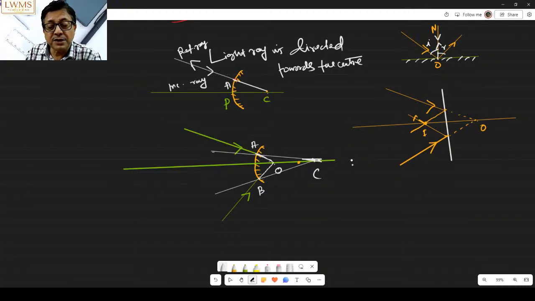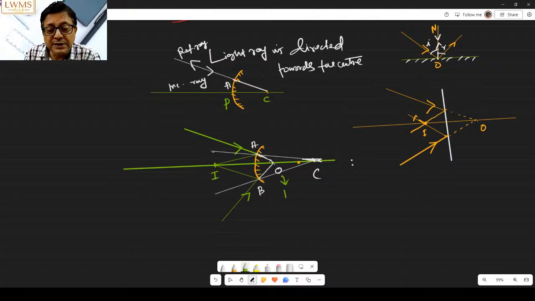It will suffer reflection over there. After reflection, it will obey the law of reflection only. Light will go this manner here. Light will go this manner there. So at this point you will get the image.